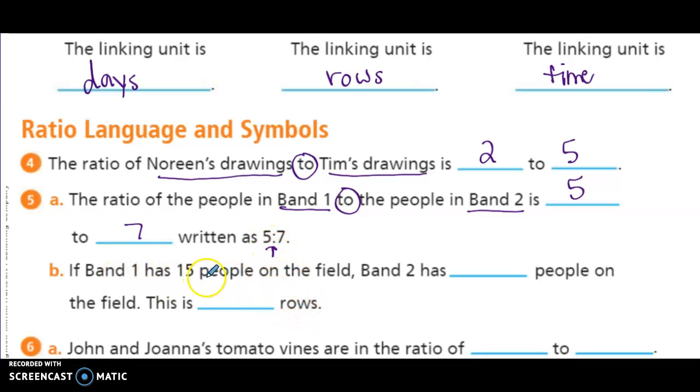So if band 1 has 15 people and band 2 has blank people on the field, this is how many rows. This is where our factor puzzle work comes in. Take this ratio from above, 5 to 7. This is band 1, this is band 2. Now if band 1 has 15 people, how many people does band 2 have?